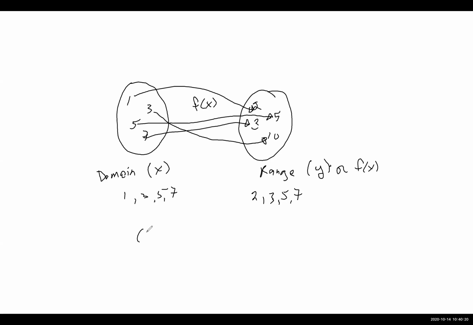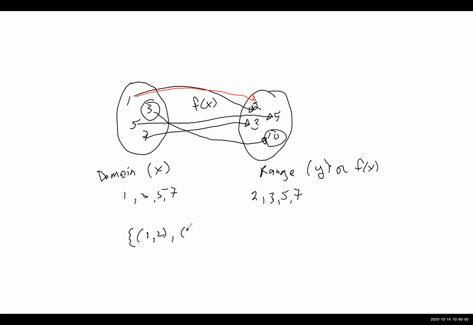We look up here to see 1 goes over to 2. So we would write that as an ordered pair, 1 and 2 paired together. That means the 1 in the domain is matched with the 2 in the range. And then we look up here and our 3 is matched with what? Down here, 10.